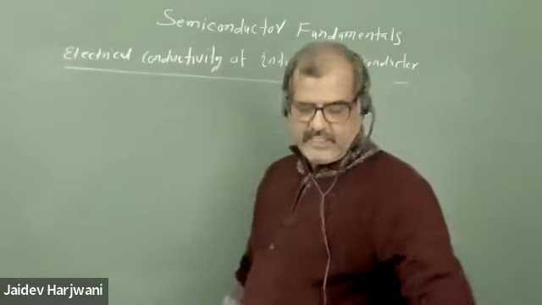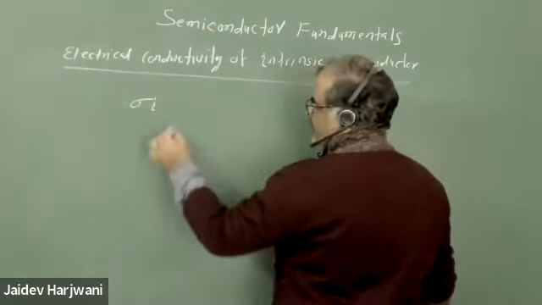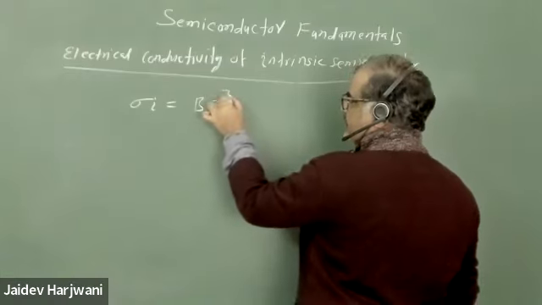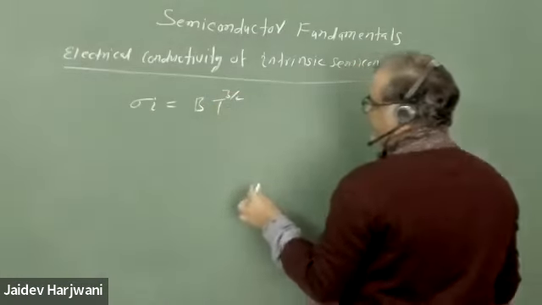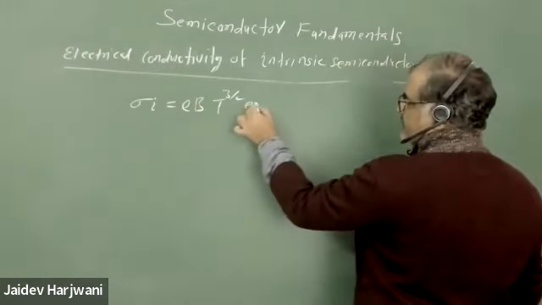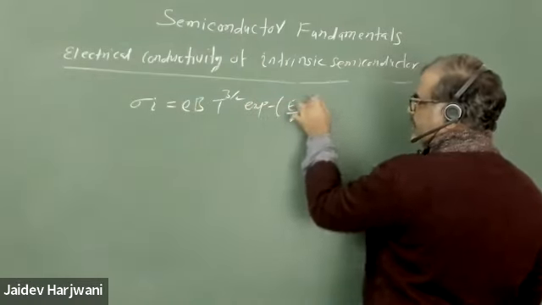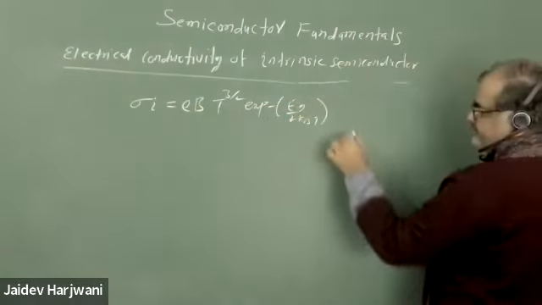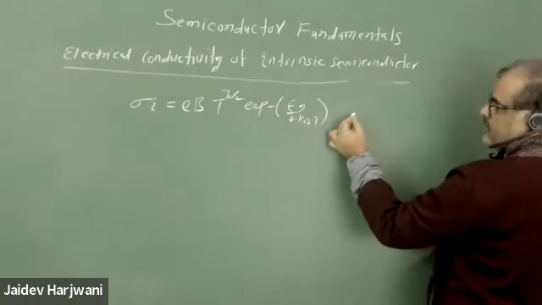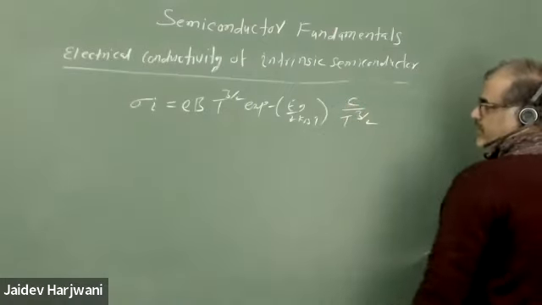Now let me write again the expression for conductivity. We have just now written b T power 3 by 2, n_i, and of course one constant e_b also, e exponential minus Eg upon 2 kB T. Now I can write some constant c by T power 3 by 2, because mobility also depends on temperature.